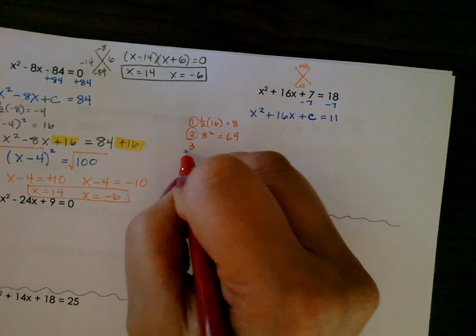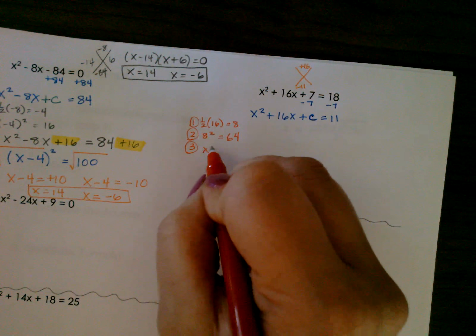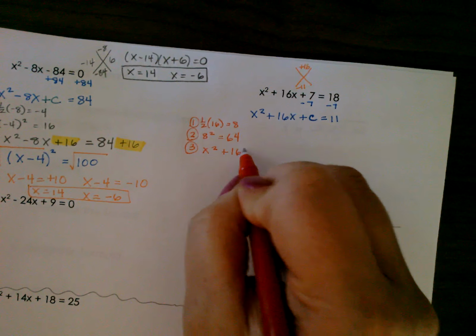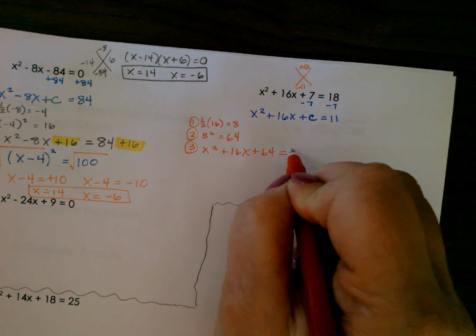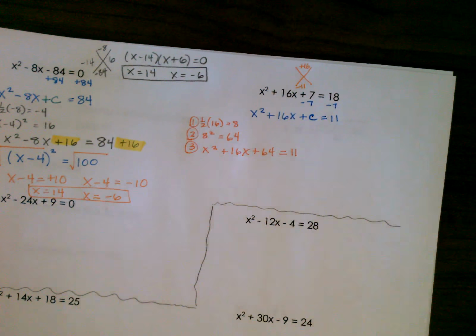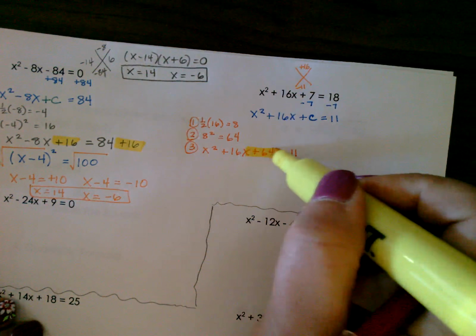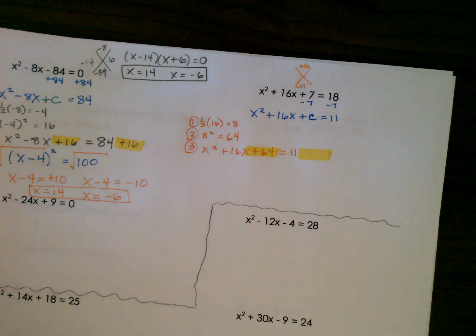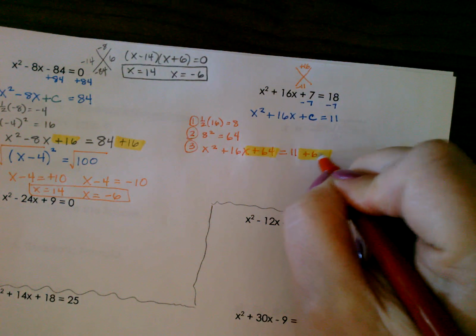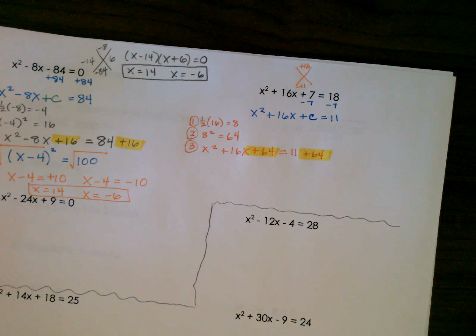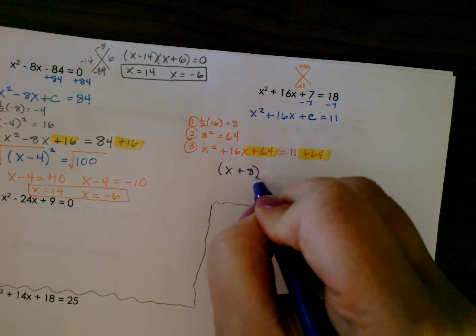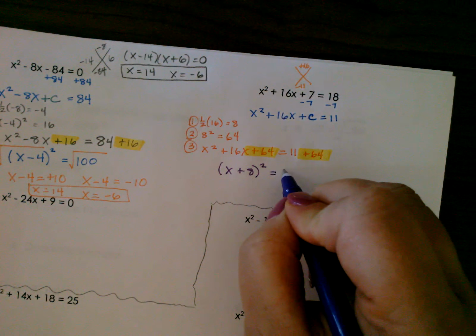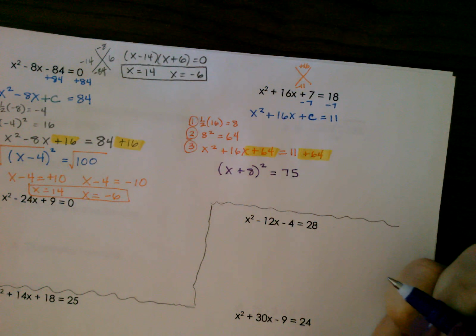And then I'll just put that in for c, and I would get x squared plus 16x plus 64 equals 11. But if I add 64 here, I have to add 64 there. We have now created a perfect square trinomial, so I would have x plus 8 squared equals 75.